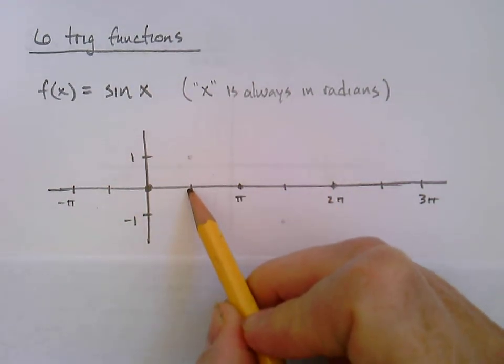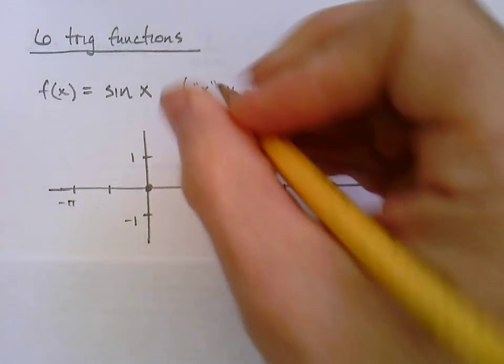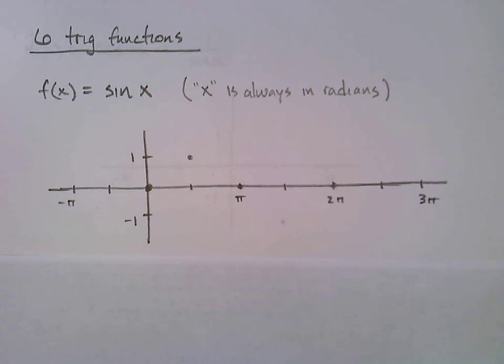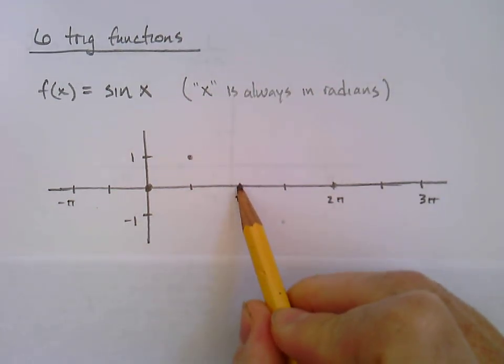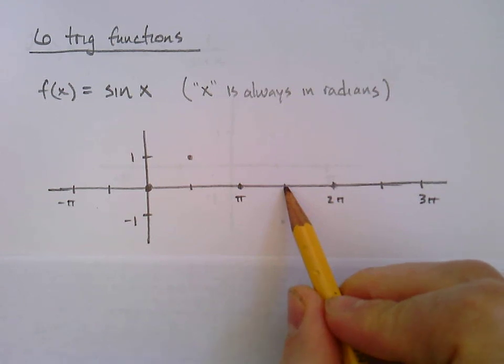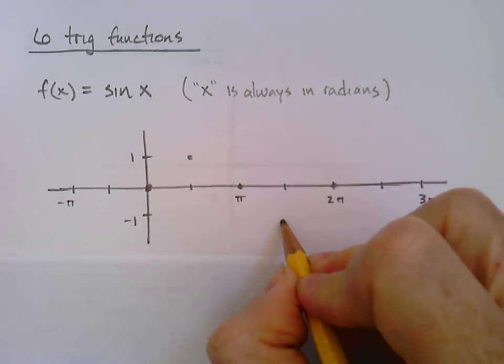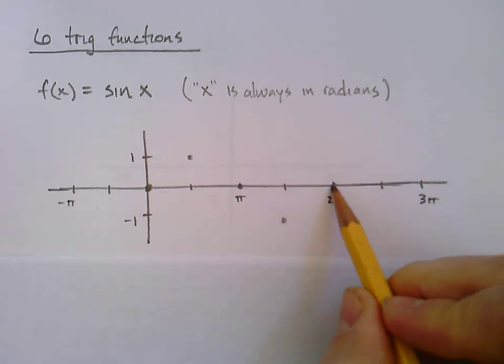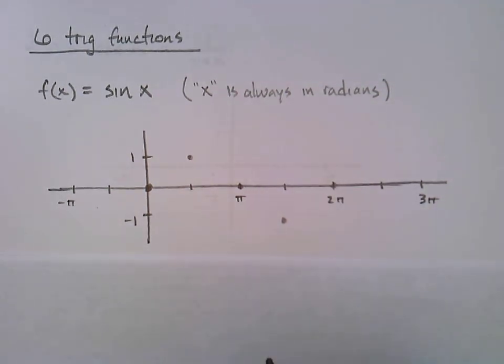The sine of pi over 2 radians turns out to be exactly 1. So I'm going to put a dot there. The sine of pi radians goes back to 0. The sine of 3 pi over 2 radians is negative 1. And the sine of 2 pi is back to 0.